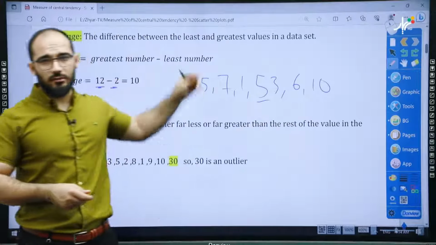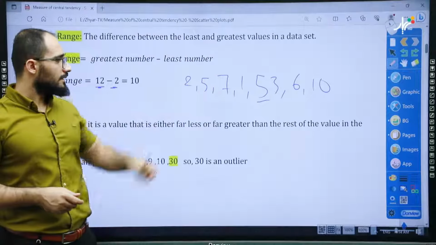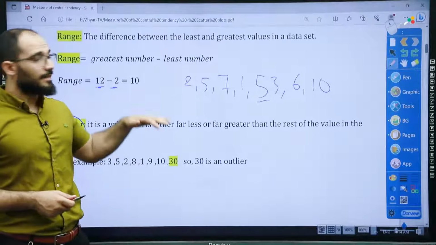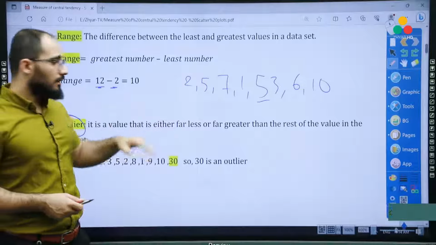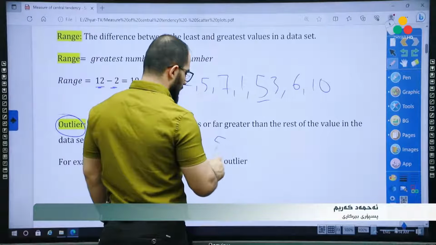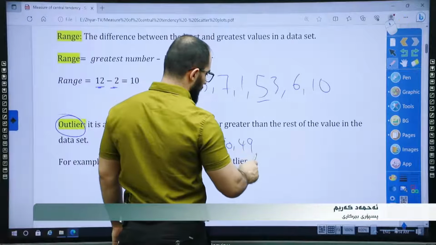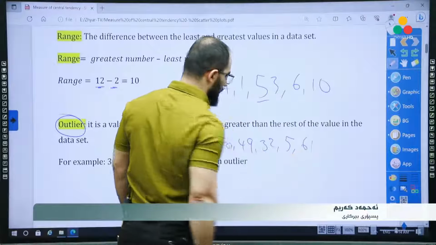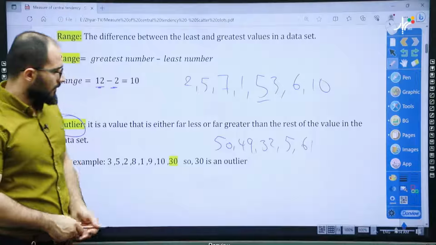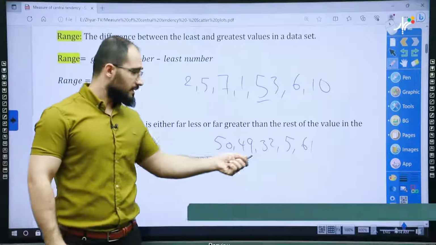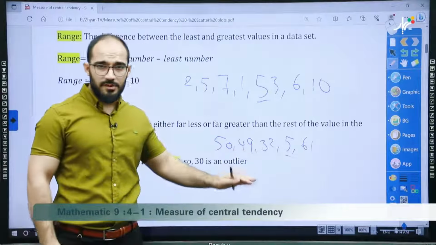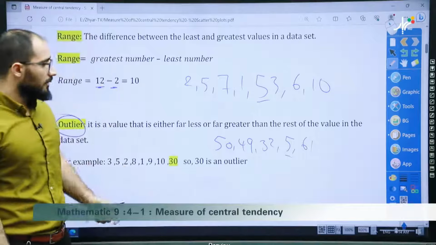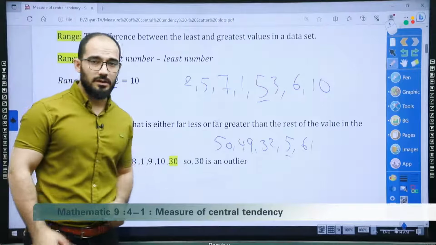You can see it's much greater, so the outlier of that data is 53. Or it may be much smaller. For example, we have 50, 49, 32, 5, 61. All the numbers are big, except 5, which is much smaller. That's why the outlier of that data is going to be 5.